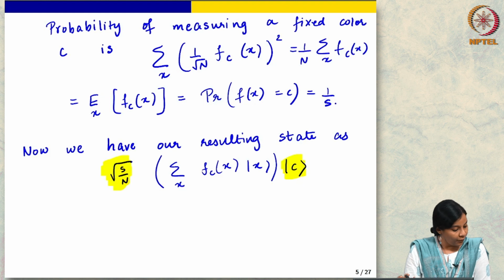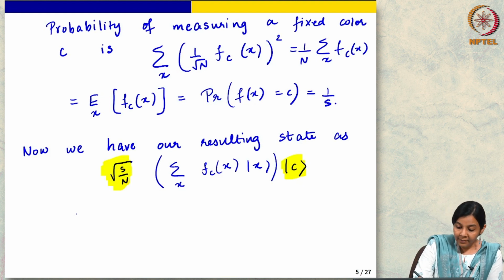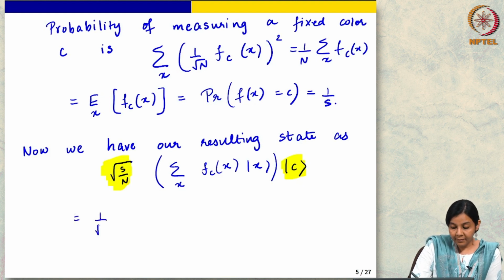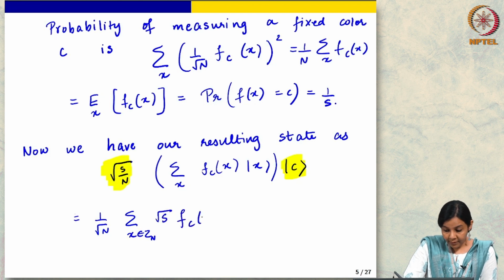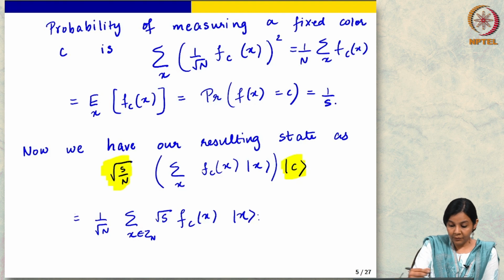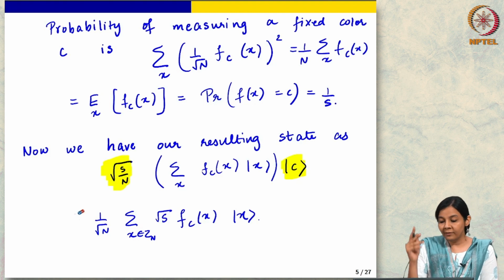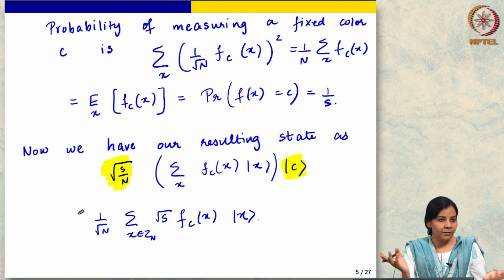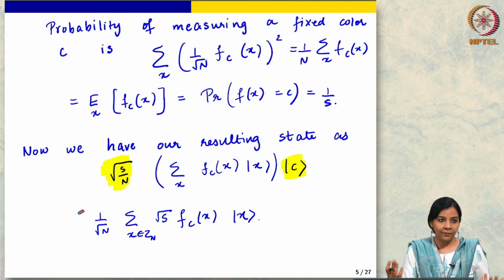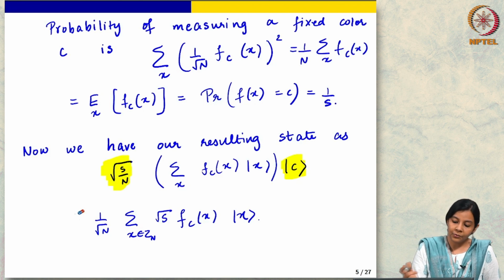Okay, so fine. So, we got this state, and we will in turn rewrite this as 1 over root n summation over x in Zn of square root S fC of x, |x>. So, remember that once we collapse our second register, we typically just throw it away, right? We do not have any further advantage to gain by that.